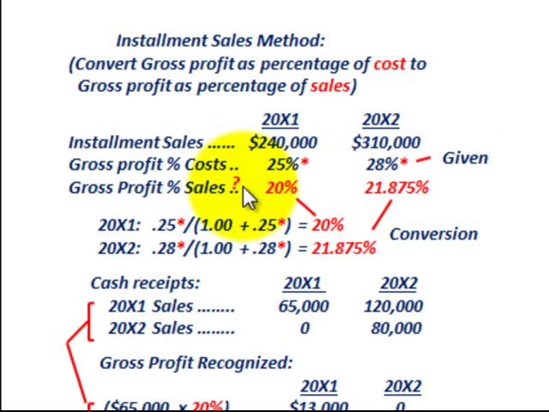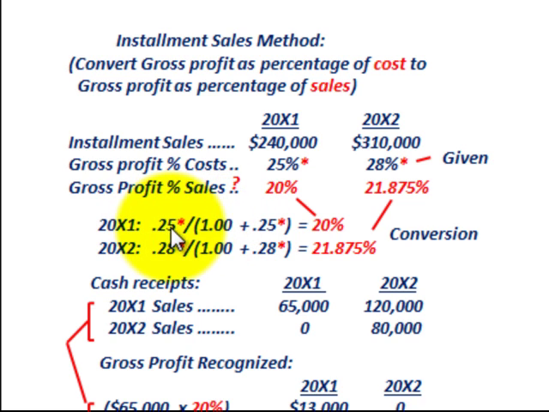But using the installment sales method, we have to convert this gross profit as a percentage of cost to gross profit as a percentage of sales. So let's look at our first year, 20x1. You know your gross profit as a percentage of cost, so again, use it as a decimal amount. The 25%, this is how you'd make your conversion.